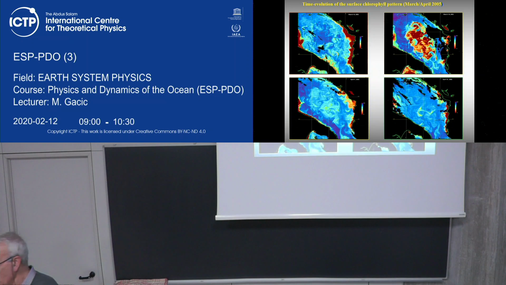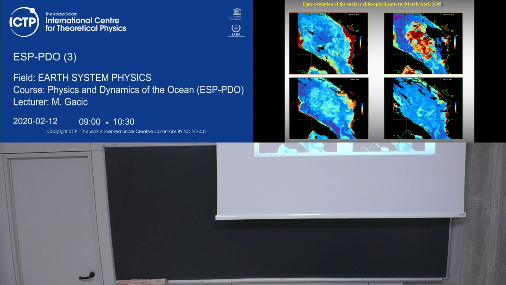Because, as I told you before, the dense water formation on one hand causes the vertical mixing. By causing the vertical mixing, it brings the oxygen-rich surface water from the surface to deeper layers. But on the other hand, it brings nutrients from deeper layers into the surface.